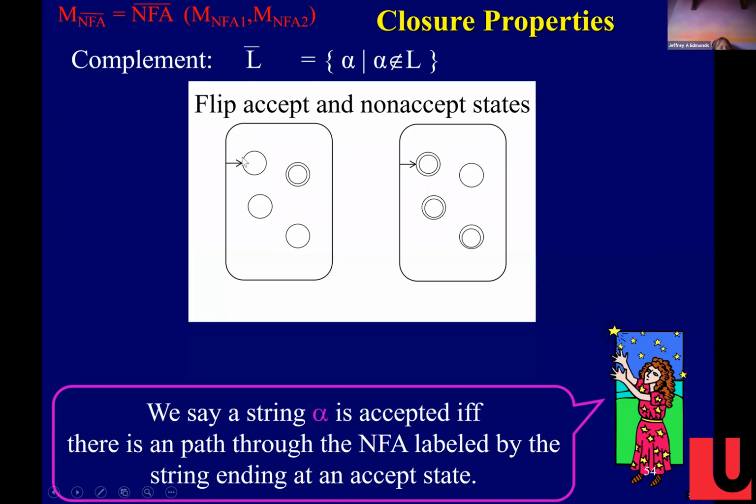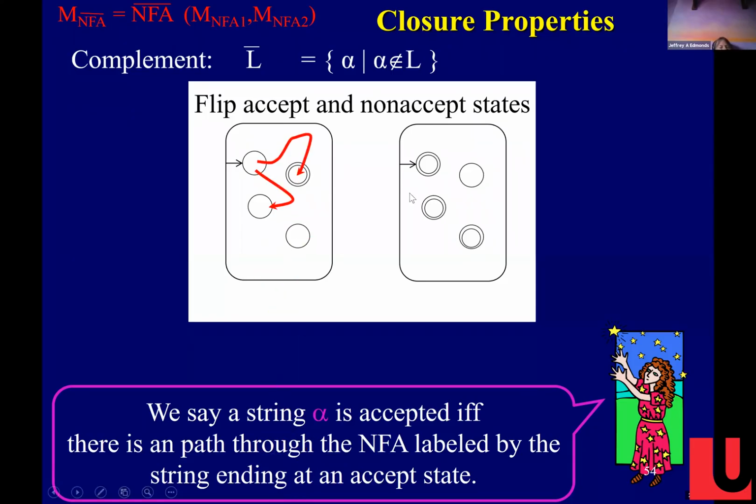Given a string, if it accepts, there's one path that goes to the accept, and that one path here will go to the reject. Versus if the string is not in the language, then there's one path that goes to the reject, and here that one path will go to an accept.